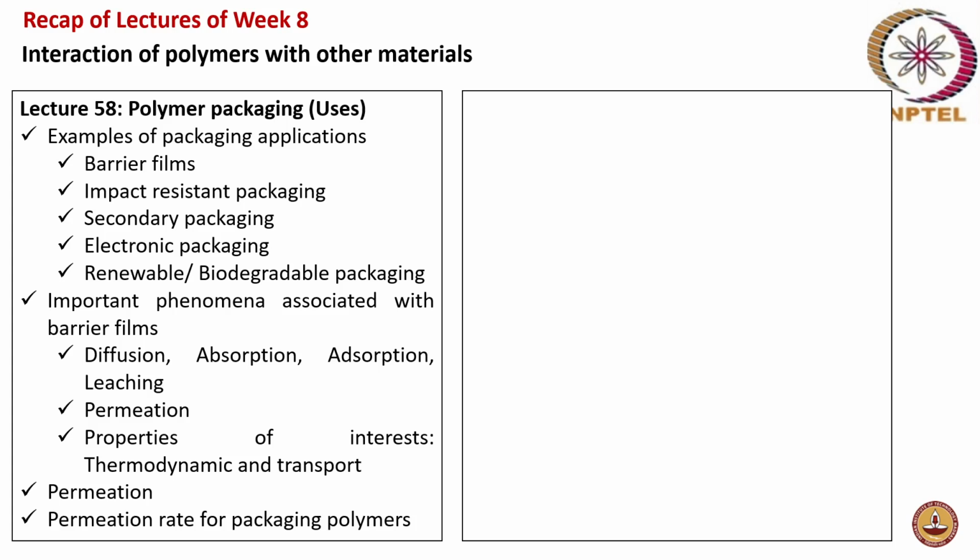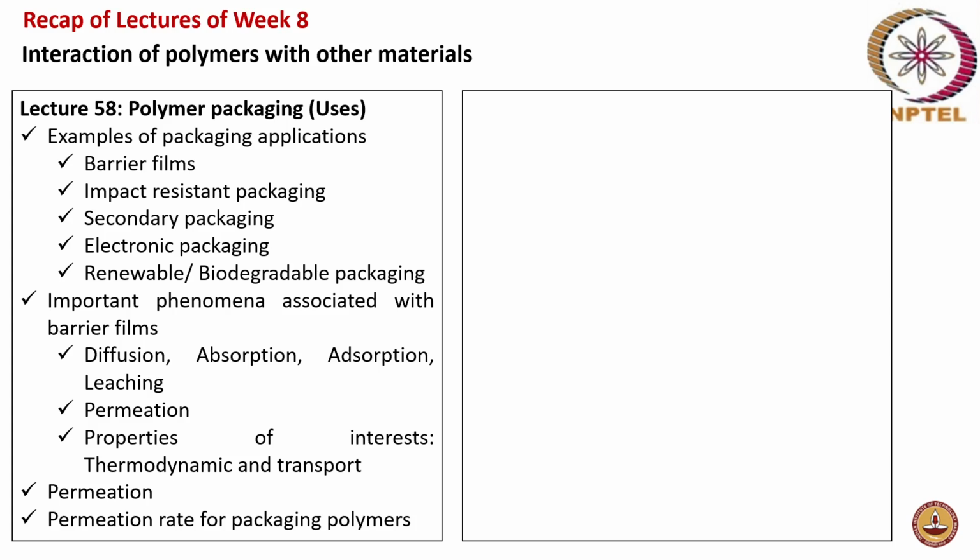Electronic components, for example your mobile phone, contain polymers, right? Your back side is made of polymer, and your components are also separated with different polymers, and there can be some portions of conducting polymers as well. So this is the role in electronic packaging.